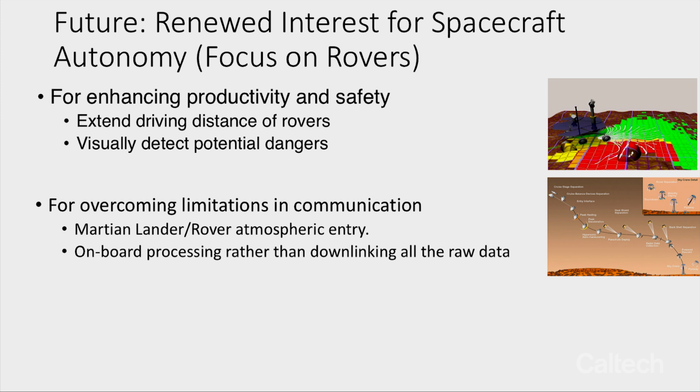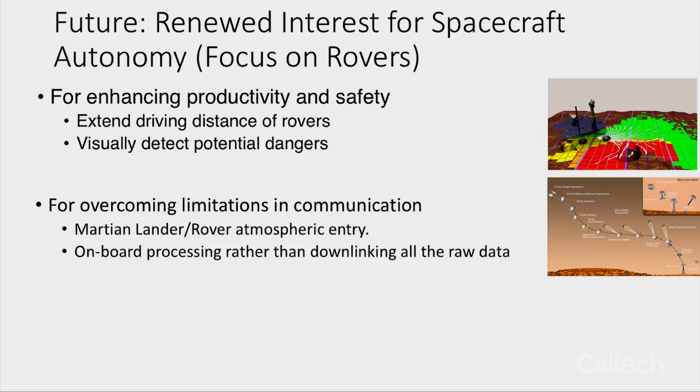For example, with the M2020, Curiosity and Opportunity rovers, for nearly 7 minutes we don't have any communication with these spacecraft, and they have a sequence of instructions for landing on the surface, which is a very challenging task with very limited communication. There is also onboard processing rather than downlinking all the raw data, again because of severe communication bottlenecks with these spacecraft.